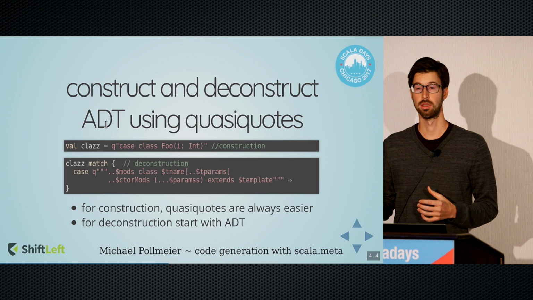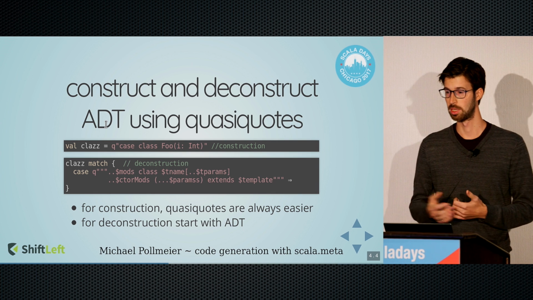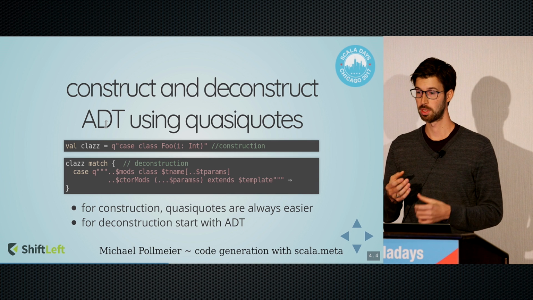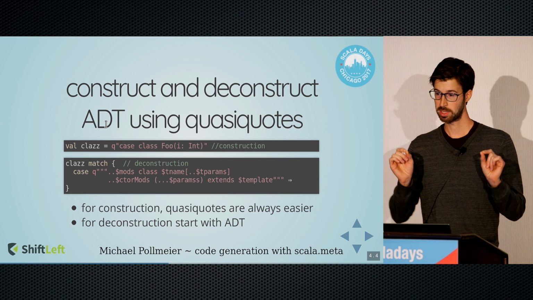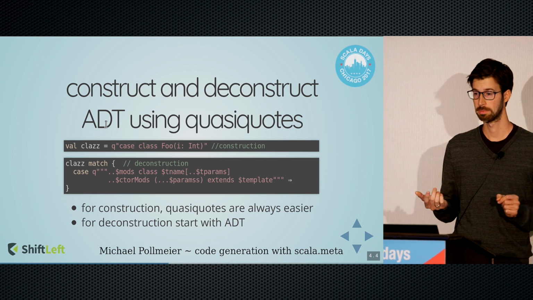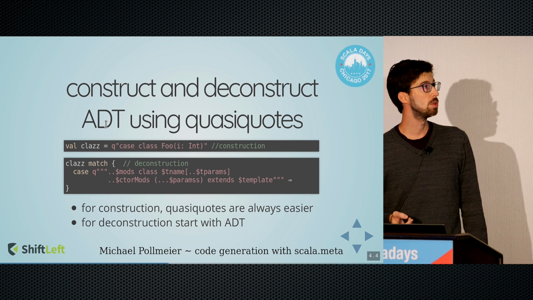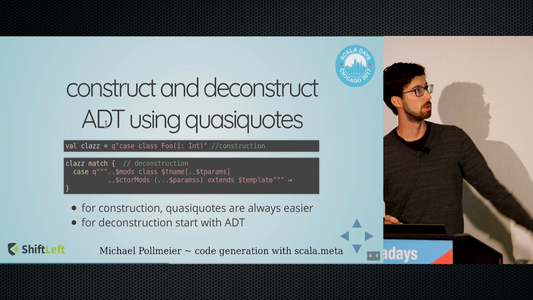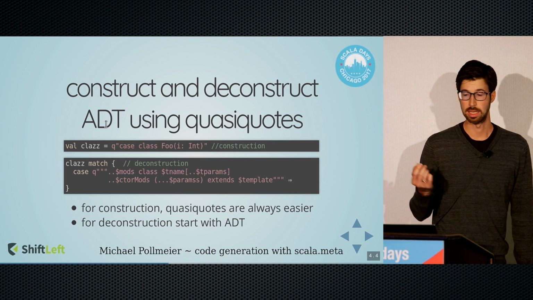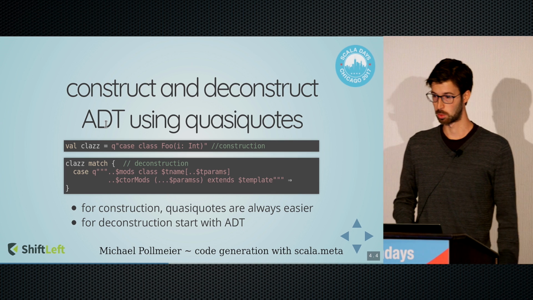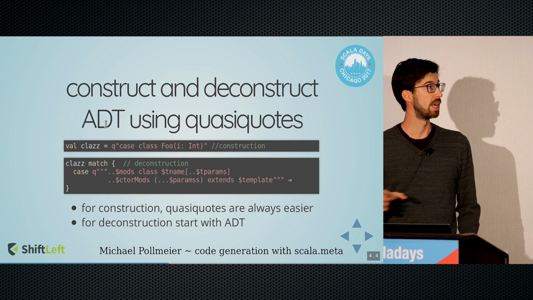So the Defn.Class, for example, that we had before, we can construct that using a quasiquote. A quasiquote is basically just a string that contains Scala code. So you can write Scala code like that, just in a string, case class Foo, and you prefix it with a q interpolator, and what you get is an instance of Defn.Class, which is the ADT that we had. So for construction, that is really, really cool.